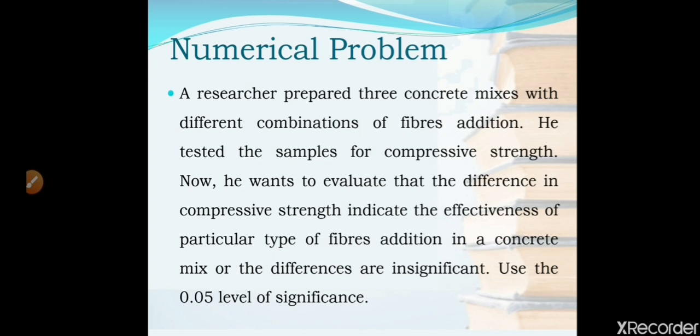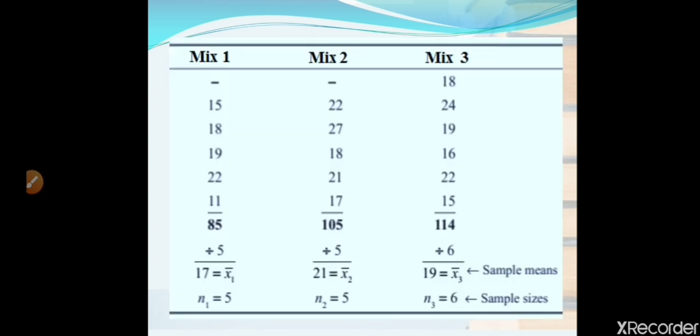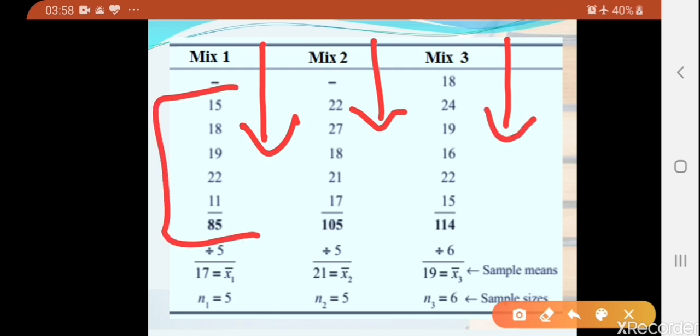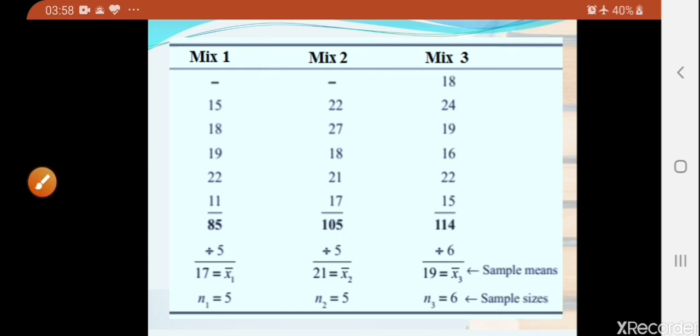So here the factor is compressive strength we have checked, and the treatment is different combinations of fibers. For that he has prepared 3 mixes, mix 1, mix 2 and mix 3, and for each mix he has tested a few samples. Okay, so the first step is we will calculate the sample mean.